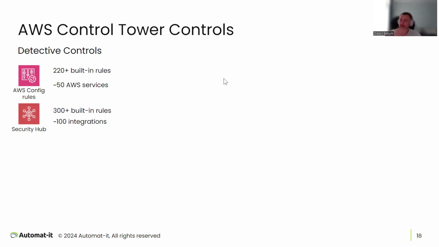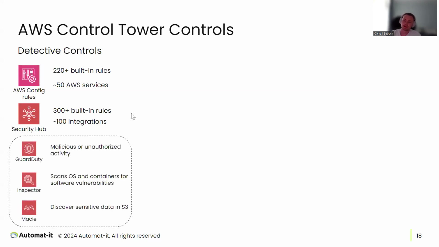And we can also enable Security Hub, which adds more than 300 rules, and Security Hub also has about 100 integrations with AWS services and different third parties. A couple of examples of integrations: GuardDuty is an AWS threat detection service that uses machine learning to analyze different types of activities and alert about suspicious things in your environment.